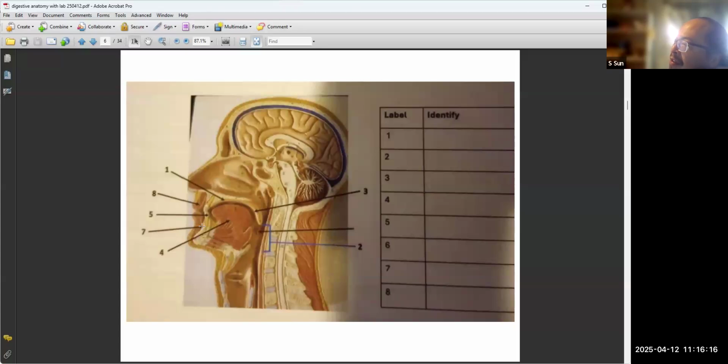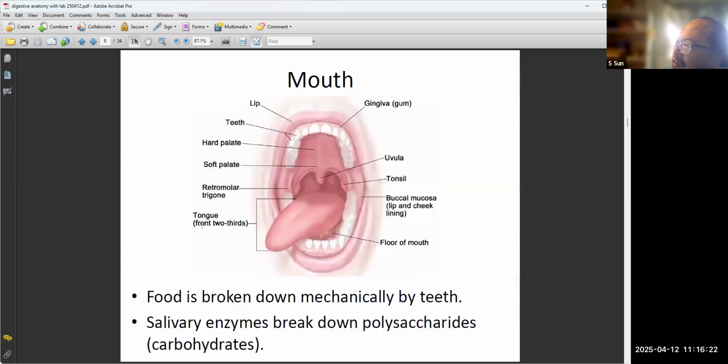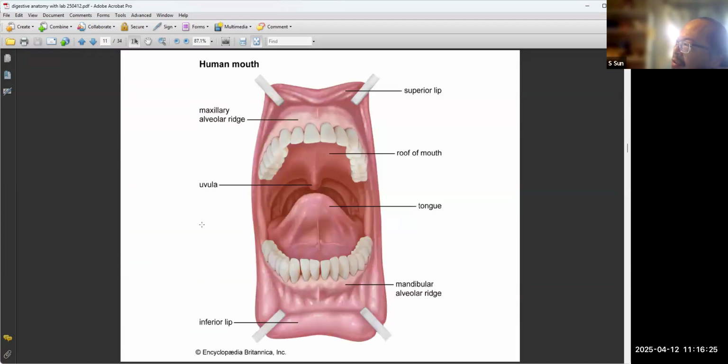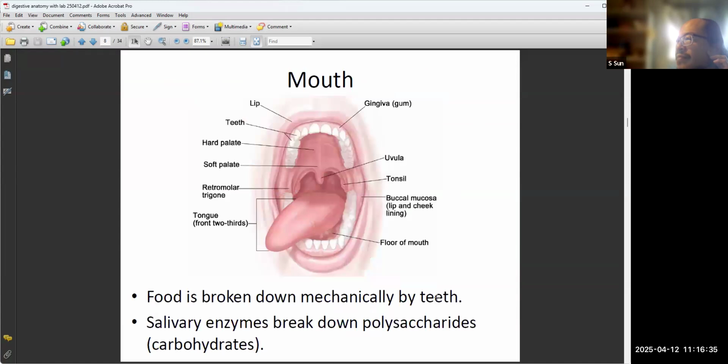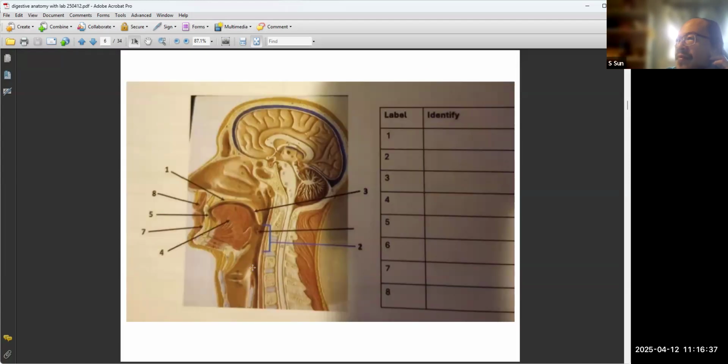So this is the alveolar ridge. So this is the mandibular alveolar ridge. Yeah, so right here. Seven and eight, lips, upper lip, lower lip. So that's that.